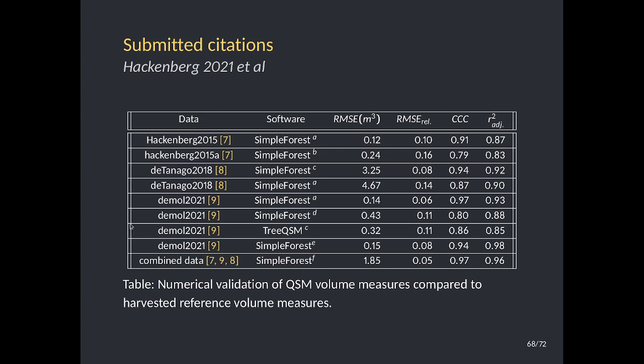So if we look onto the different data sets and get some accuracy measures, RMSE, CCC, R square adjusted, we see some really high, good predictions popping up. 0.97, 0.98, 0.96.